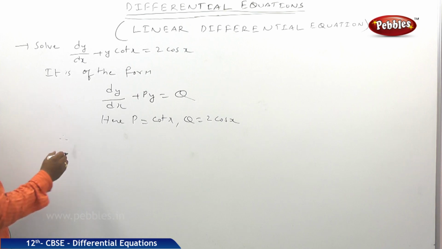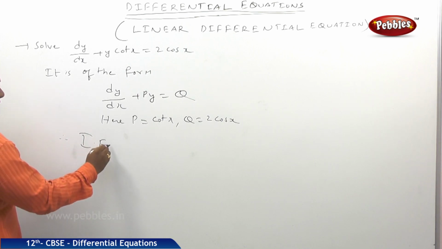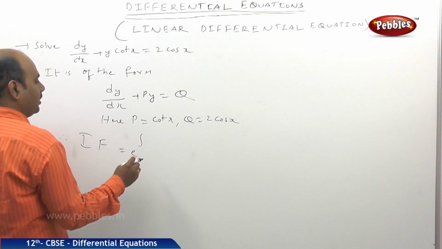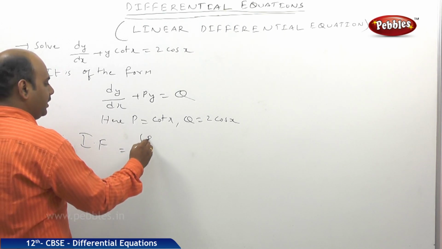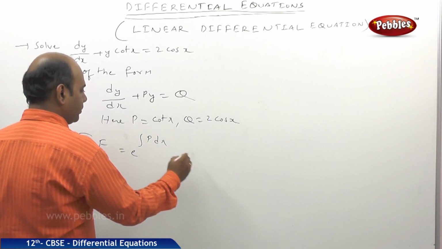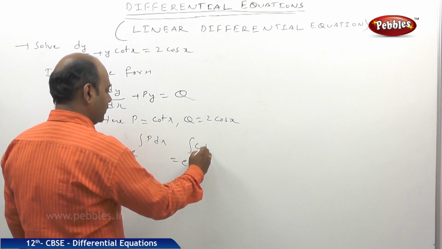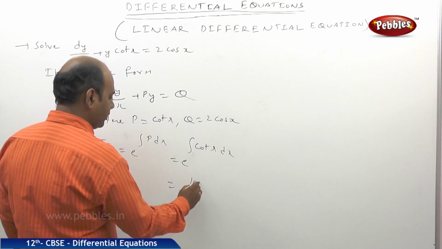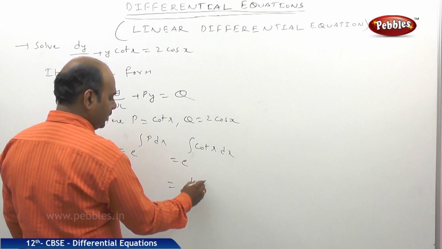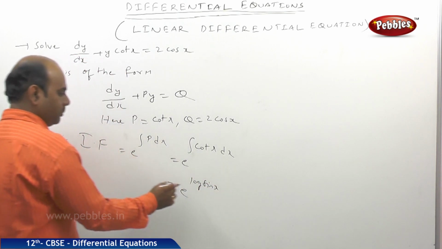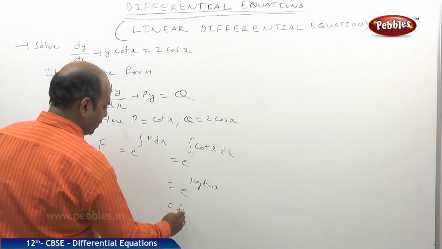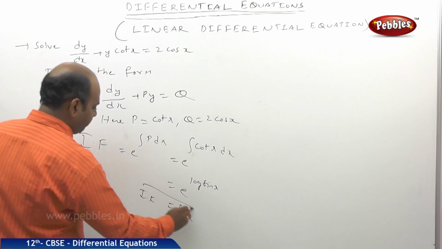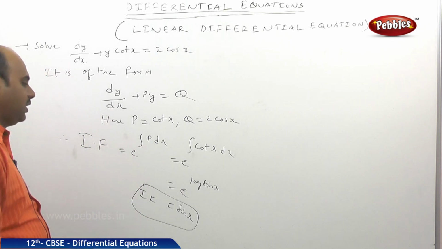As it is of the linear form, we need to find the integrating factor. Integrating factor means e power integral of p dx. So what happens? e power integral of cot x dx, which I think is e power log sin x. e power log sin x means sin x only. Therefore finally what we got, integrating factor is nothing but sin x.